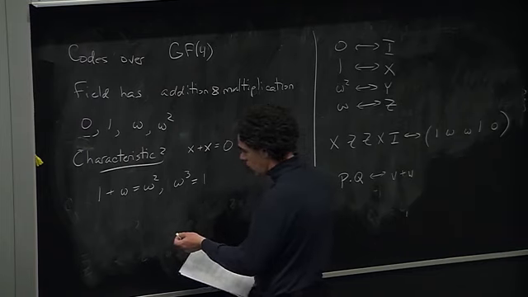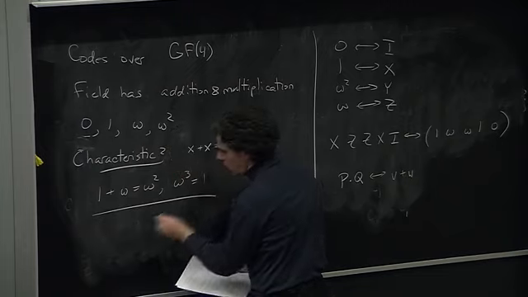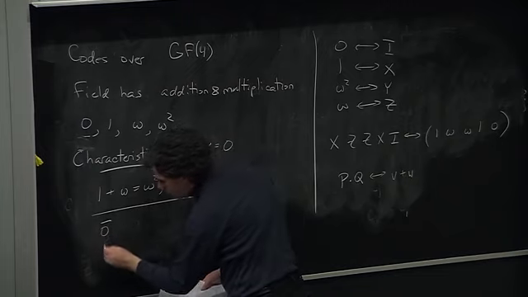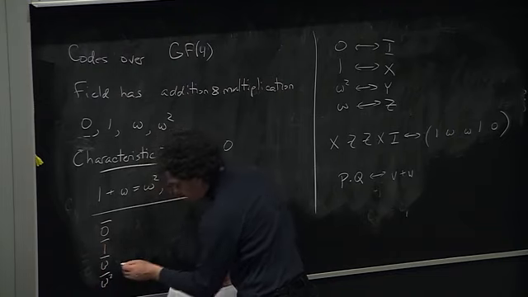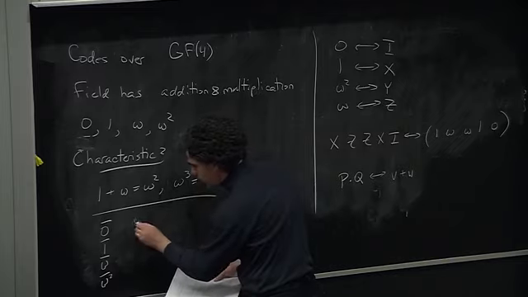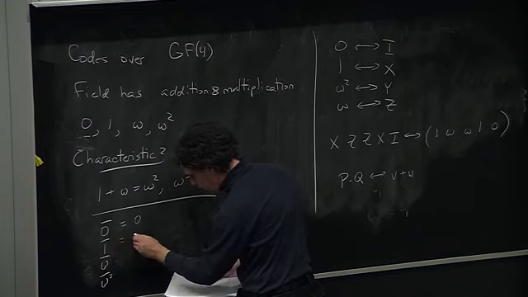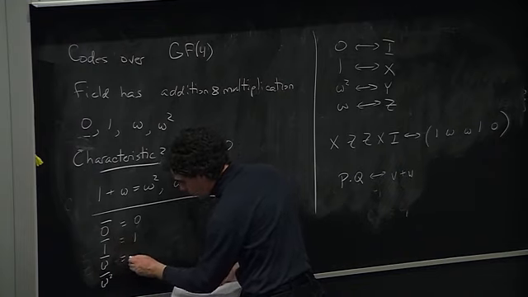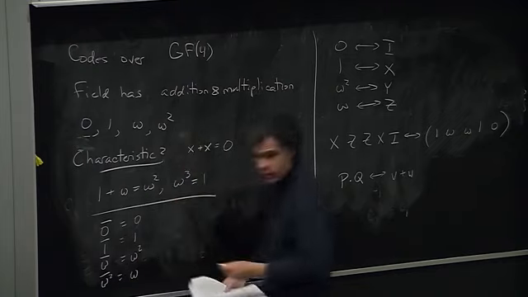So we have to use a conjugate. The conjugate is going to be defined this way. It takes 0 bar to 0, 1 goes to 1, omega goes to omega squared, and omega squared goes to omega.